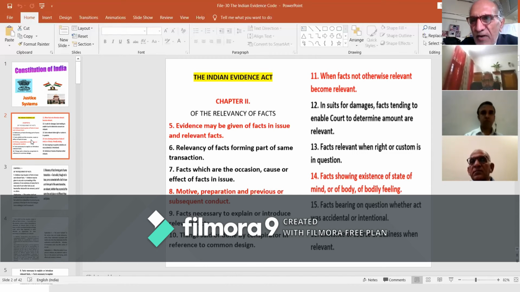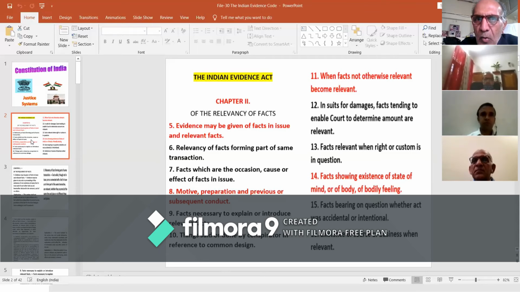So the evidence which the prosecution is permitted to lead is with respect to the ingredients of offenses and relevant facts. As far as the ingredients of offense are concerned, those are naturally the central core which is to be established by the prosecution.